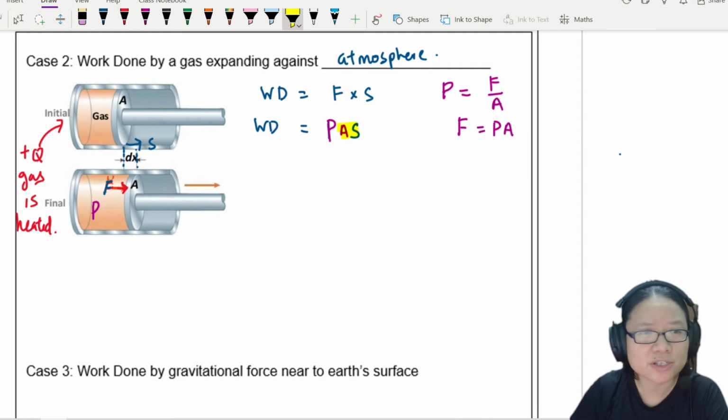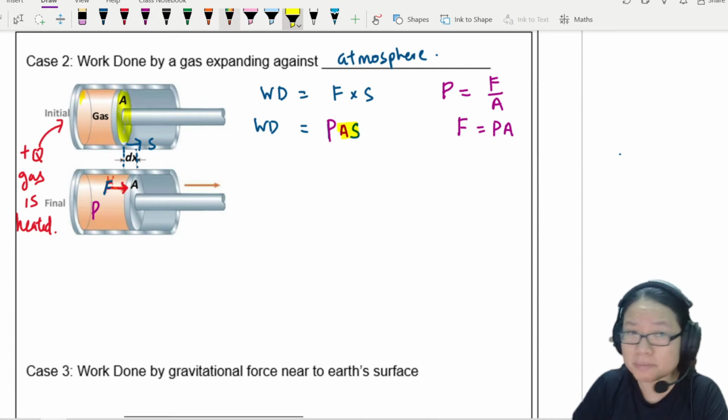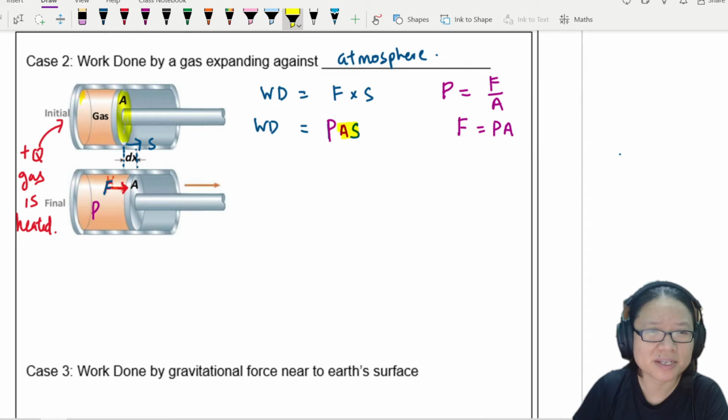I want you to think carefully about what A and S represent. A here is the cross-sectional area of the piston, so this whole thing is A. And S is the distance traveled by the piston. So I can call AS the extra volume of expansion, or the change in volume of the gas.